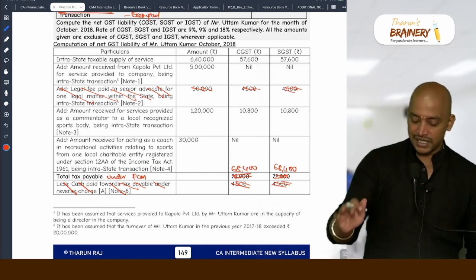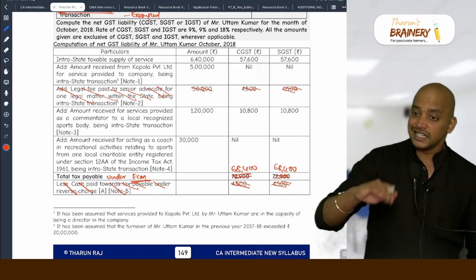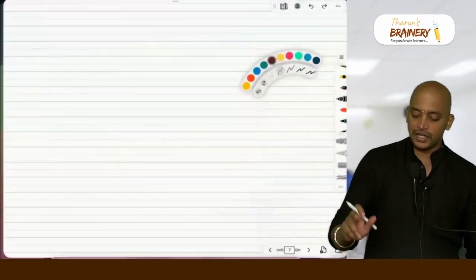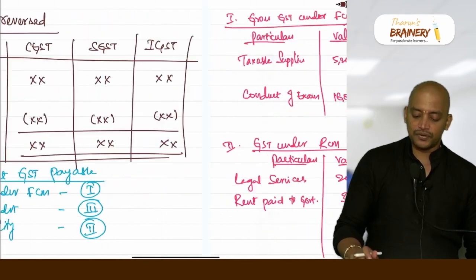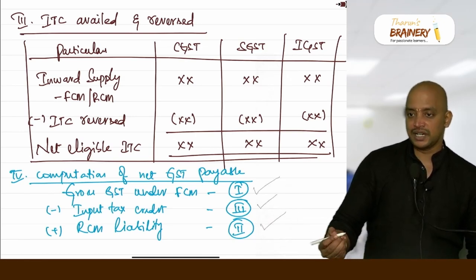But right now it is FCM only. ITC we need to deduct, then only we need to add RCM. So you should not forget the template. What is that? First, gross GST under FCM, thereafter input tax credit, thereafter RCM liability, correct?